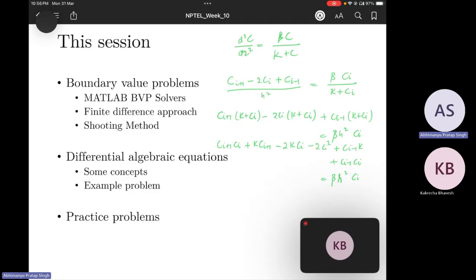Bhavesh, I think we need to use something like fsolve to do this. We cannot simply convert this into a matrix form.